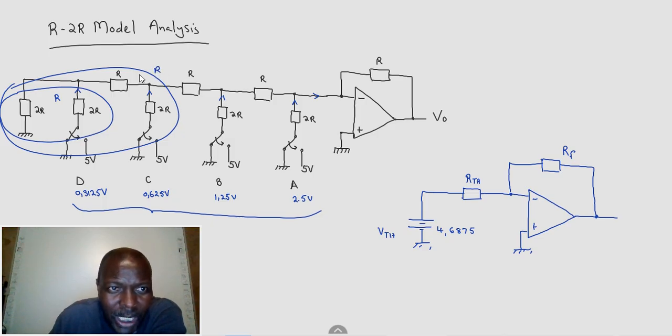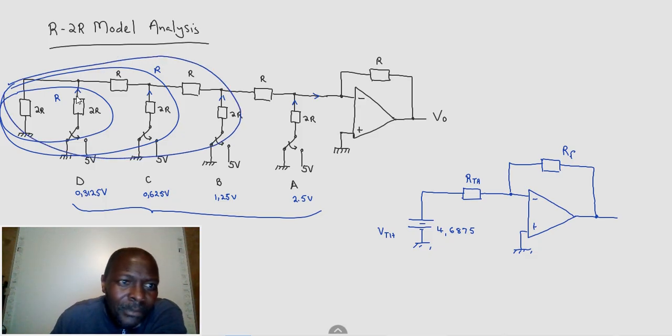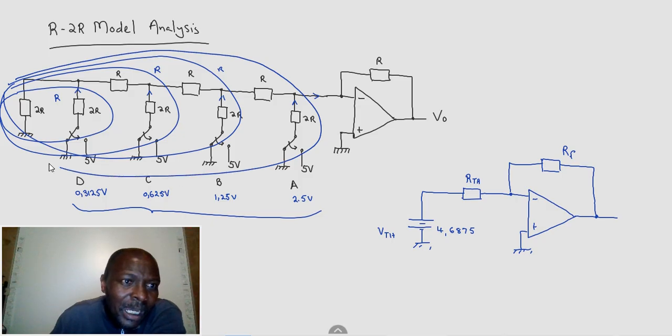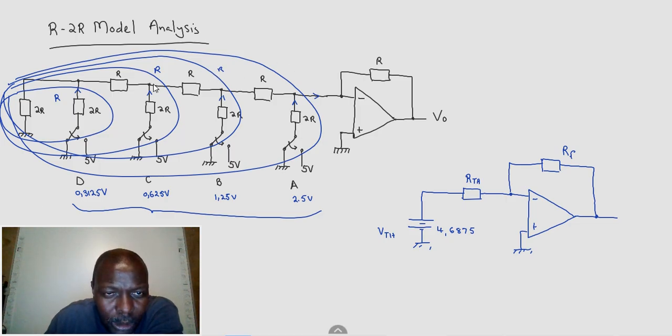This is R and 2R, and it's parallel to that 2R, so it's going to give us yet another R. Now we've got this R, which is total up to there, parallel to that there. So the whole Thevenin resistance is just 1 R. If you ground all the inputs, then this whole lot is equivalent to R.